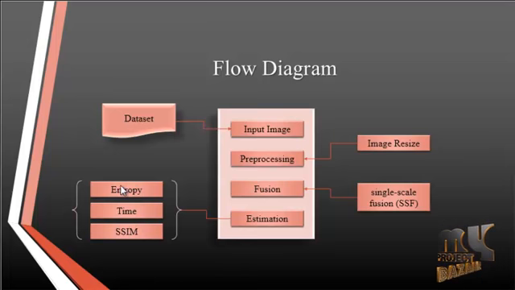The entropy is calculated to get the efficiency of the fusion, as well as the time of the process is estimated to estimate the fusion time. Then we have to calculate the SSIM parameter to estimate the structural similarity index matrix between the input and the output.